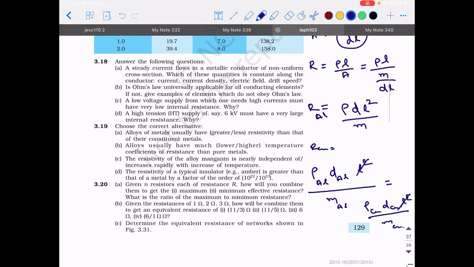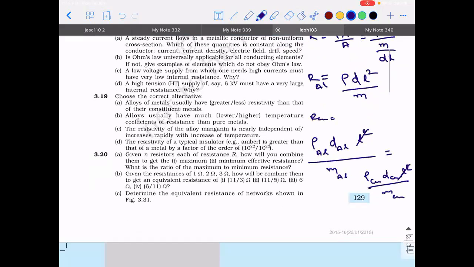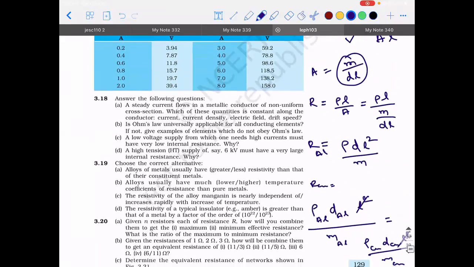So L square and L square will get cancelled. All other values you know. Find the ratio of M Al divided by M Cu. If it comes out to be greater than 1, then aluminum is of greater mass. If it comes to be less than 1, then aluminum is going to be of lesser mass. Okay, please make a note of this point.